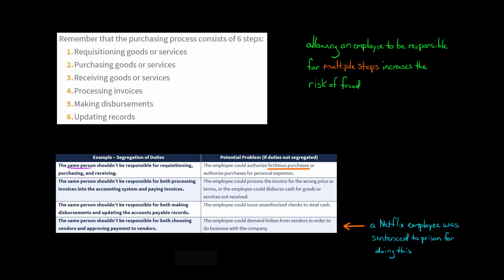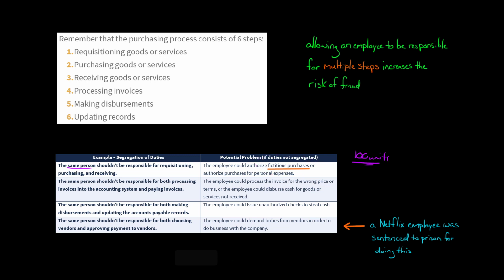This person could say, yeah, we're requesting some goods or services, then go in and purchase them, and then make the receiving report as if they received the goods and services, but maybe they didn't. Just because you prepare a receiving report and a purchase order makes it look like we had a purchase order and a receiving report showing that we received 100 units of whatever it is.